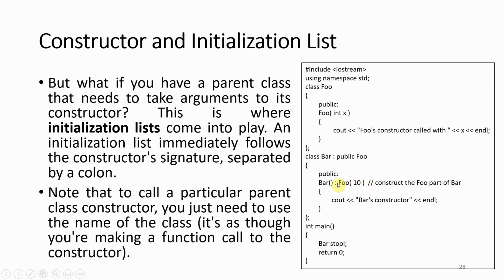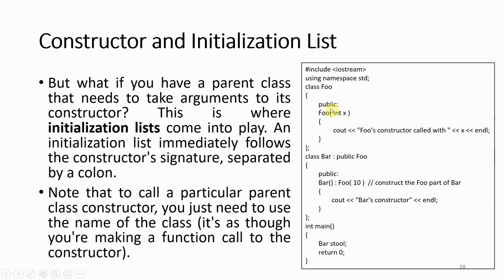How do we do it? We just put a colon after the constructor header, and then here you see that this is not variable initialization. This is a function call. We are calling the non-default constructor of the parent class.